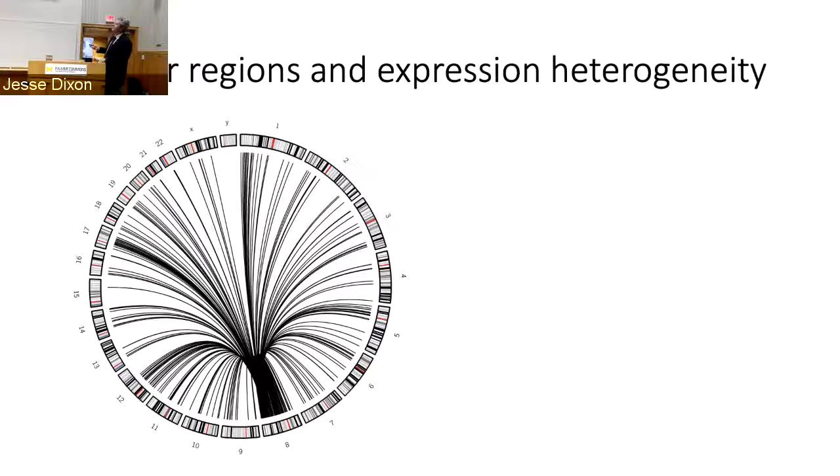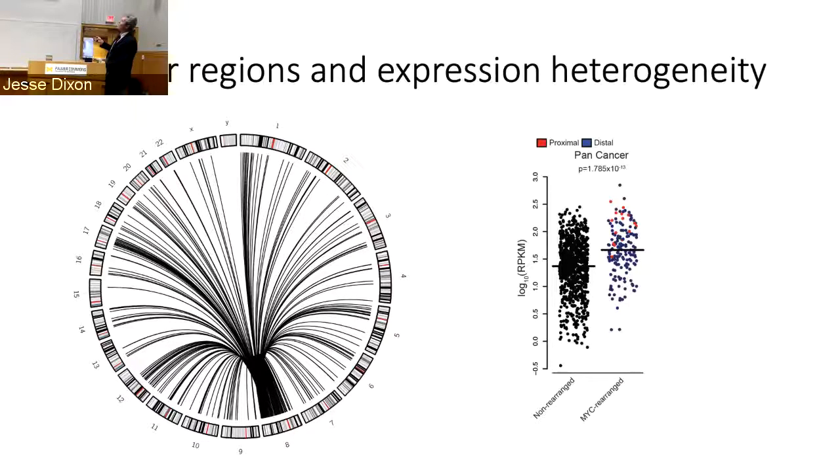You can see there's maybe some chromosomes where there might be a slight enrichment on a particular arm, but for the most part, these go everywhere, right? And I think coupling that with the fact that in the expression data, there's still a fairly strong overlap between the non-rearranged and the rearranged tumors, we thought this was interesting.